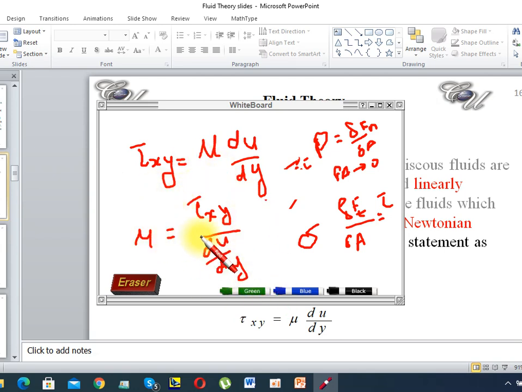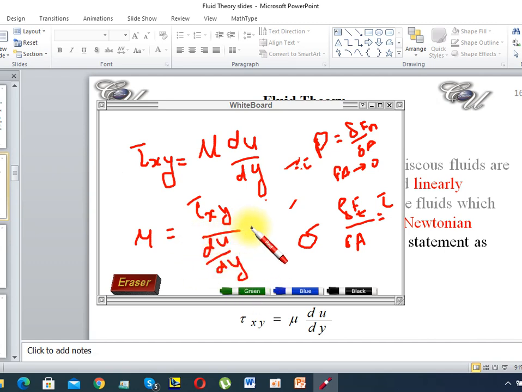So you can also discuss the relation, or mathematically you can express the viscosity in this form, that it is the property when shear stress is divided by its deformation, or the ratio of the shear stress with the deformation.